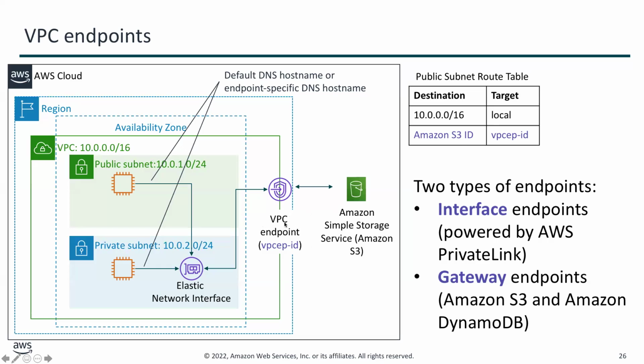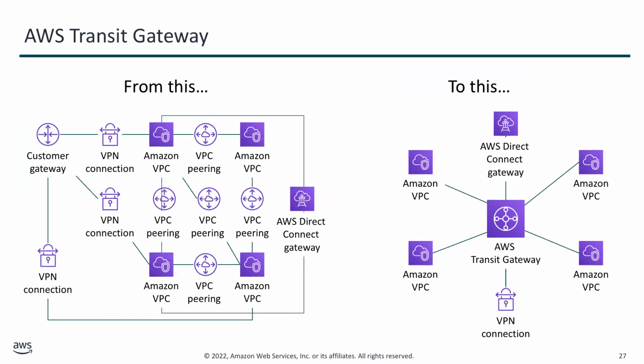It may look like too much, or daunting, but when you start configuring, it will be very easy. I'll show you. There is something called AWS Transit Gateway, which simplifies this kind of messy configuration into a hub and spoke topology.